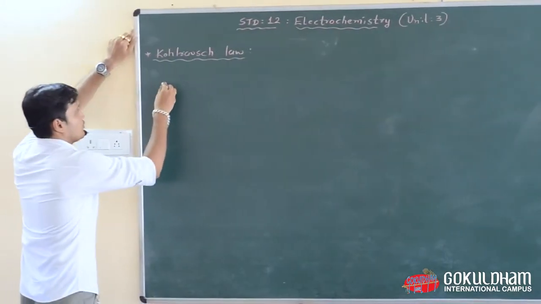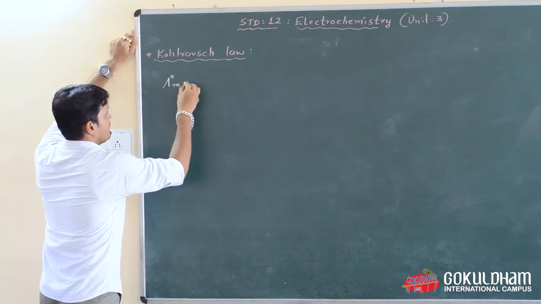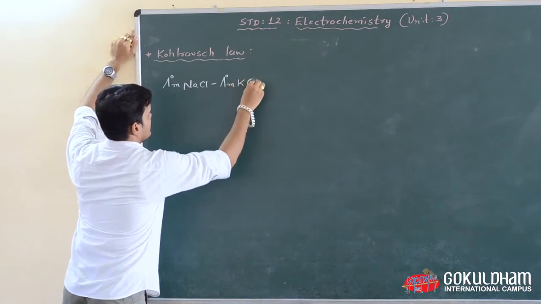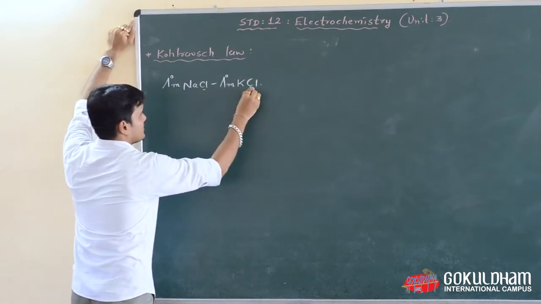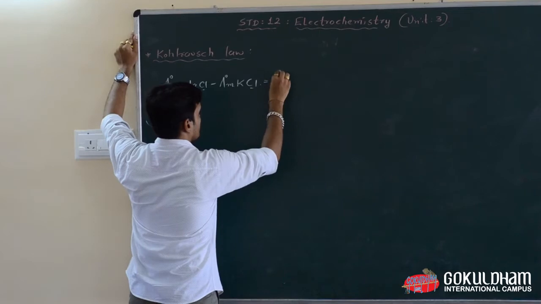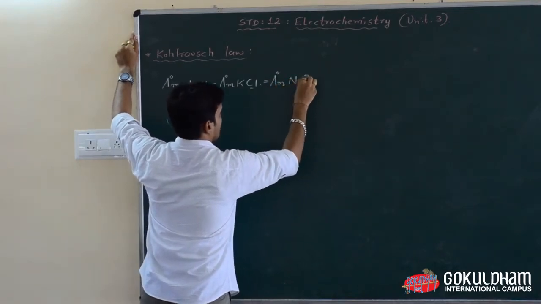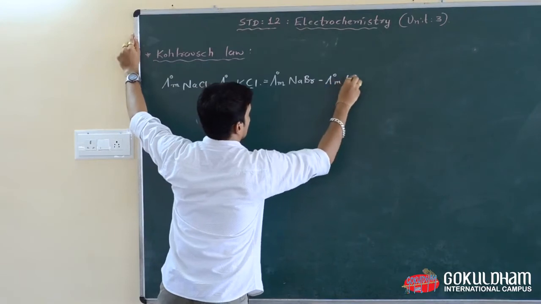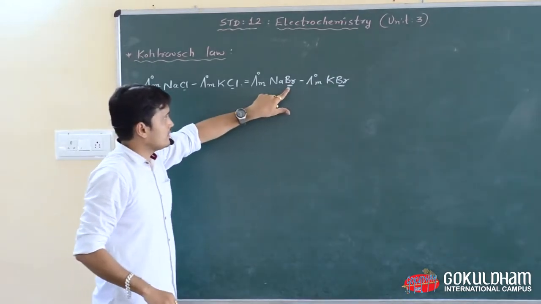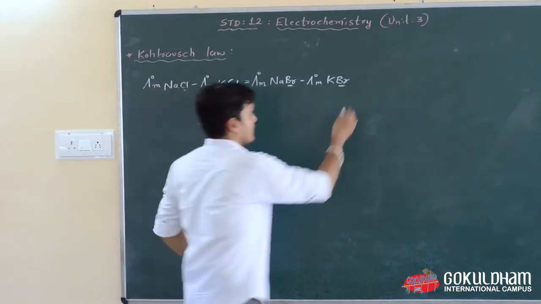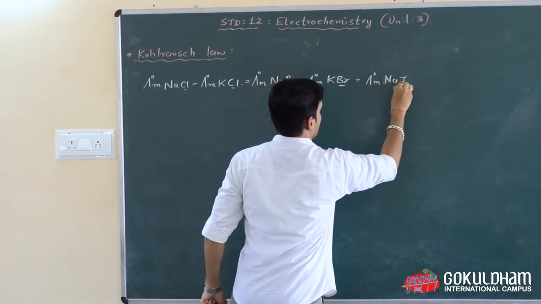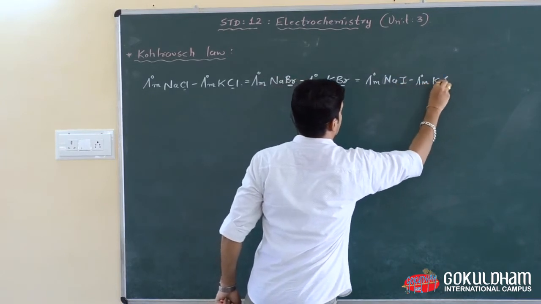In Kohlrausch's law, he saw that when the mixture of NaCl and KCl, where the negative ion is common in both the solutions, is equal to lambda 0 m NaBr minus lambda 0 m KBr. This is another case in which the negative bromine ion is common and is equal to lambda 0 m NaI minus lambda 0 m KI.